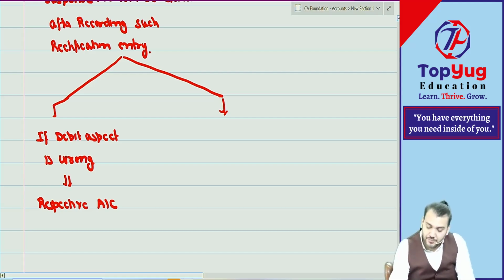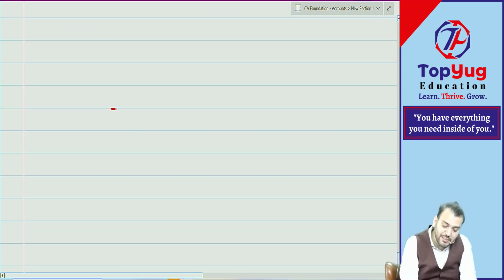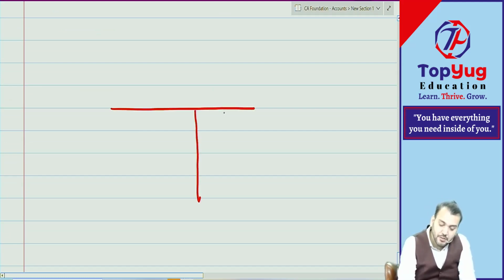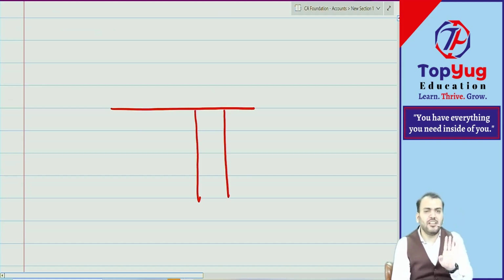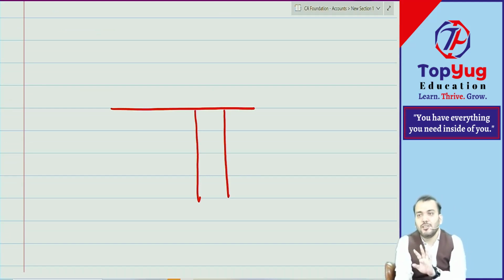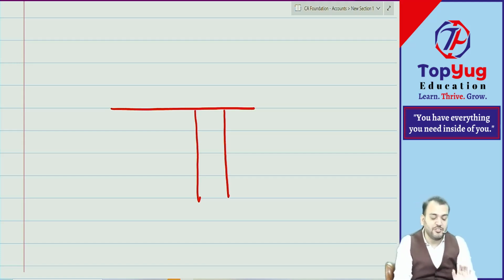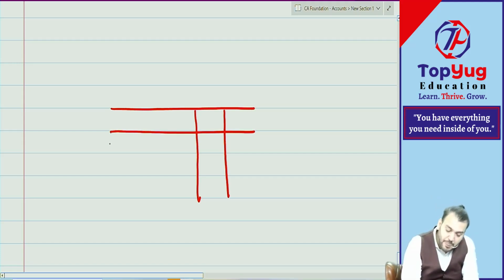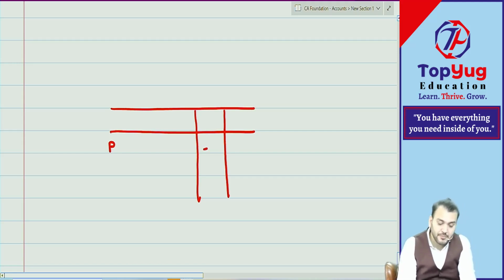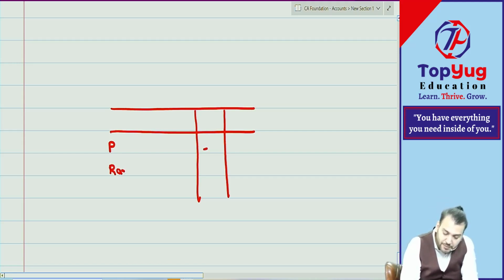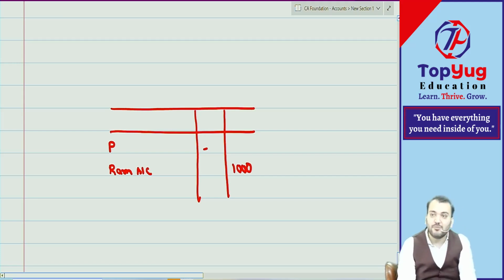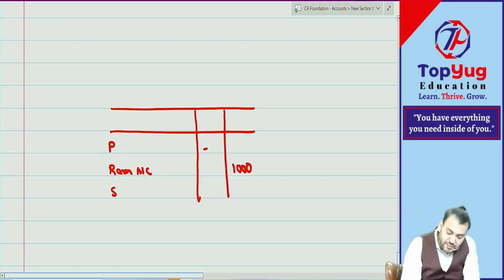Understood? Once again, suppose you have not recorded purchase. Suppose one journal entry we are saying is purchase account debit to Ram. You have recorded Ram, but you have not recorded purchase. So in the trial balance, the purchase account will be nil and the Ram account will be, suppose, 1000. The trial balance will not tally and the difference will be debited in which account? Suspense account.